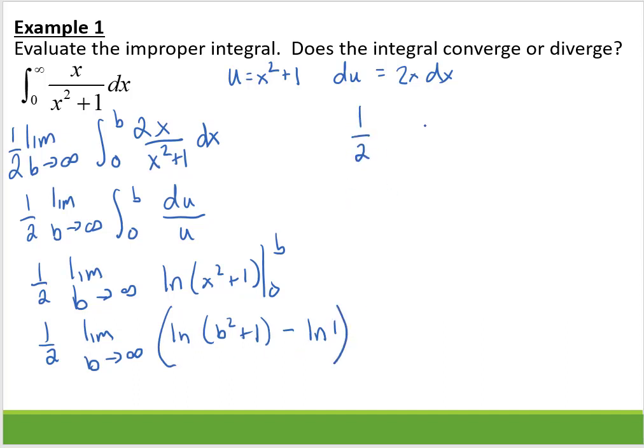The limit as b goes to infinity of ln of b squared plus 1, well, that's really ln of infinity, and that's really infinity minus 0. So since I got infinity for my limit, this diverges. I'm going to give us some tests eventually that are going to help us determine whether or not this converges or diverges.